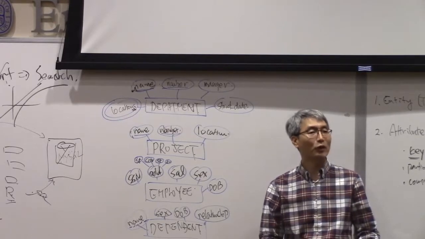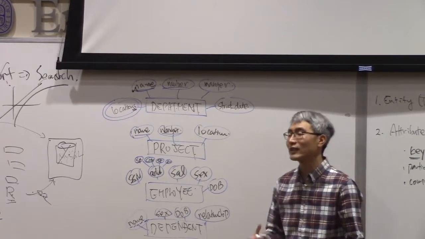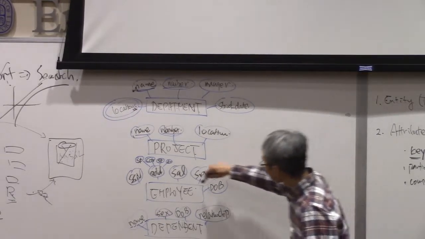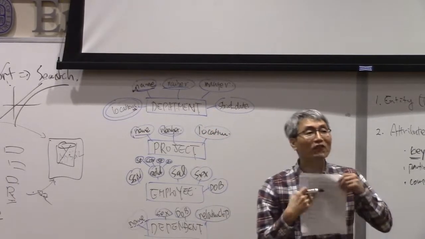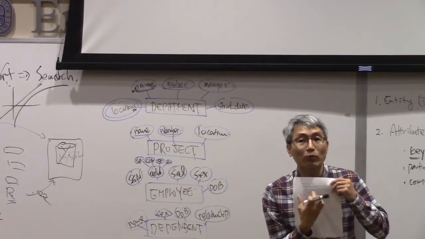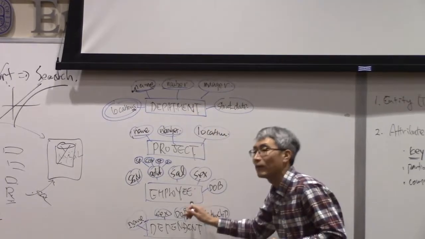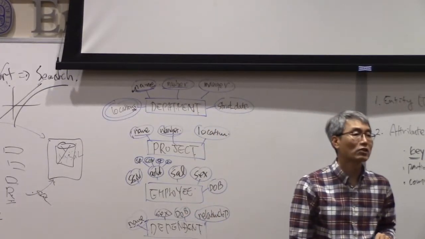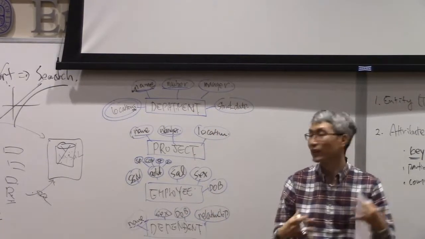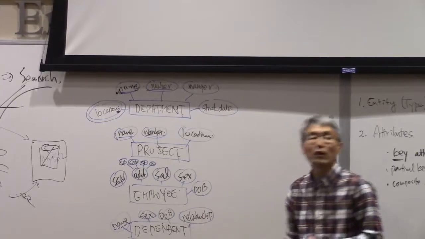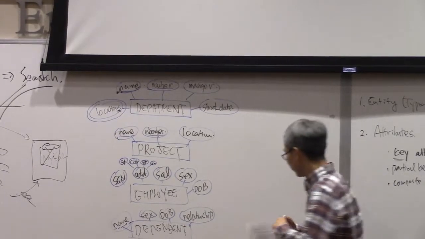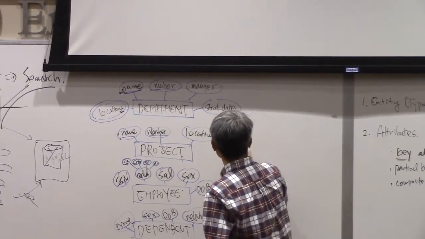So how can we address this? If a certain fact is related to two different entities, we are going to connect them, which is called a relationship. So then we can create the relationship, like manage.